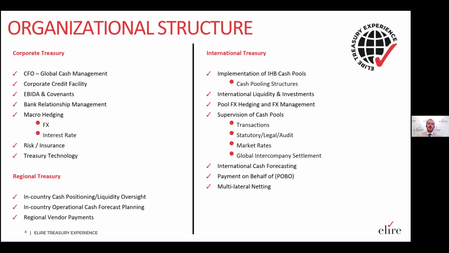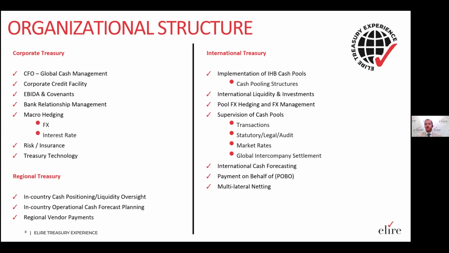And then, of course, your in-country operational planning, making sure that you have forward-looking liquidity and that all payments are processed well, all the technology in country is working, and the banking relationships are managed well enough for all of our regional vendor payment requirements, which we'll talk about more when we get into things like payables netting and the in-house bank's ability to assist with intercompany loans, cash pooling, and general investments and derivative items.